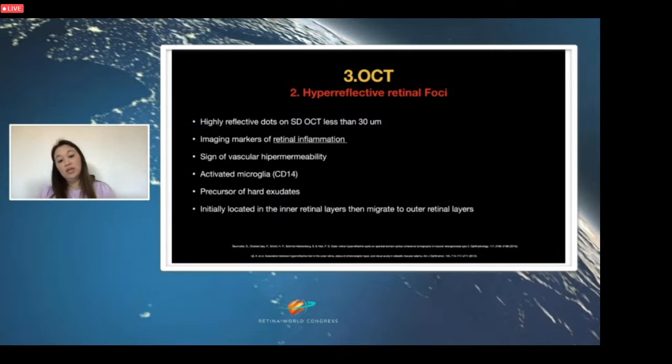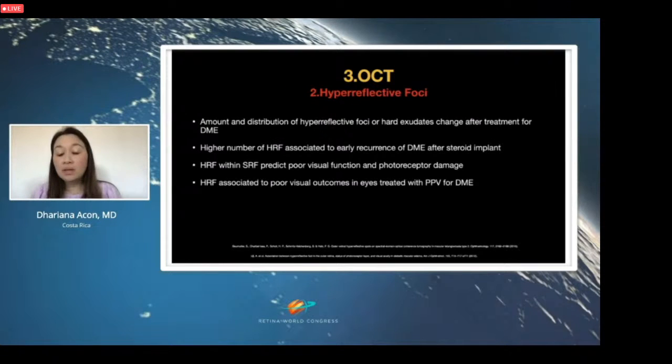Initially, they can be located in the inner retinal layers and then migrate to the outer retinal layers. The amount and the distribution of these hyperreflective foci can change after treatment, and these are important to identify because a higher number of these foci can be associated with early recurrence of DME after treatment.